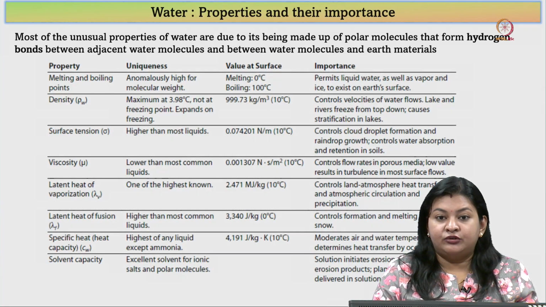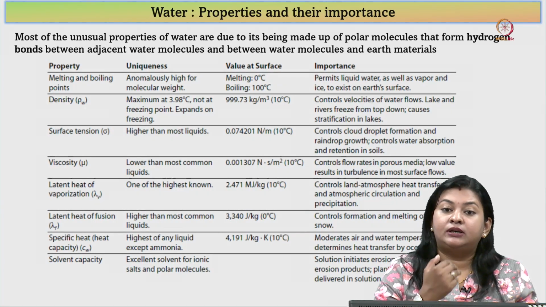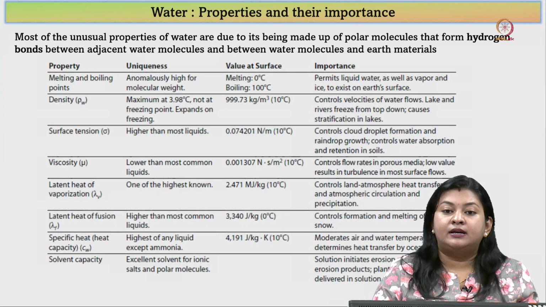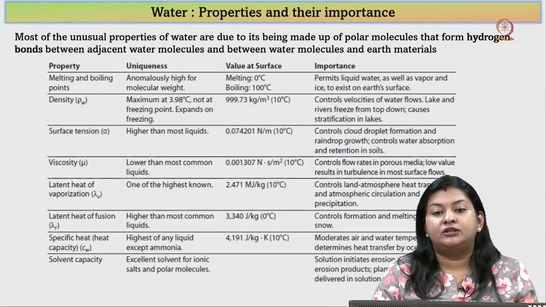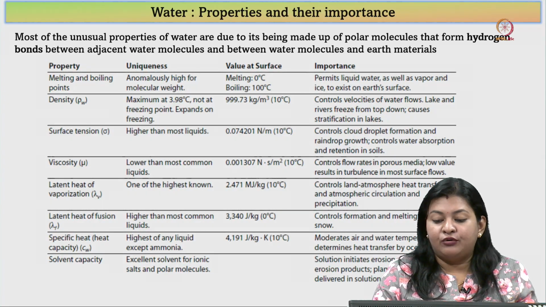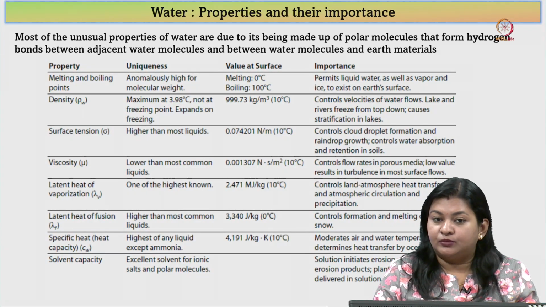It has to give up that much heat to turn its phase from water to ice, right. That heat that has to be dissipated controls the formation of ice and snow.